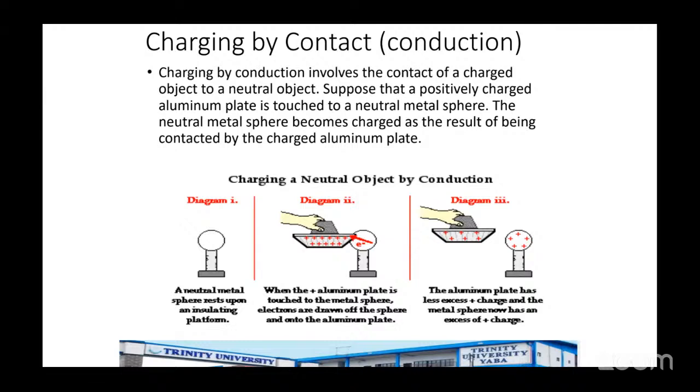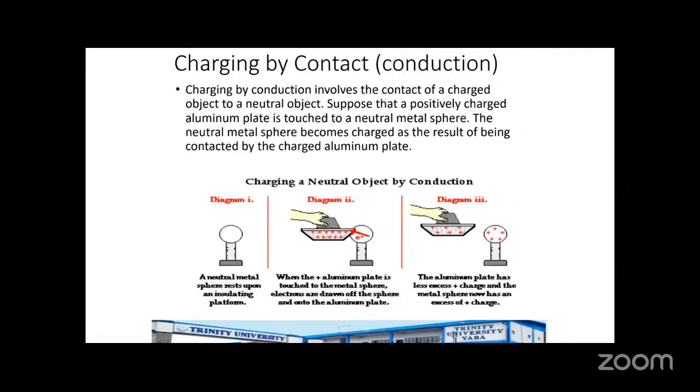So because the charge body, okay, let me use the marker. So this is a neutral body. We want to charge this positively. We want to give this a positive charge. So what we should do now is by charging by contact, we bring a positively charged rod in contact with the neutral body.